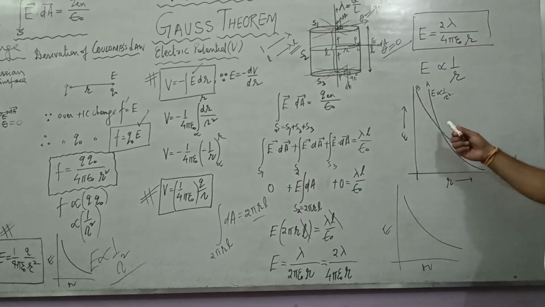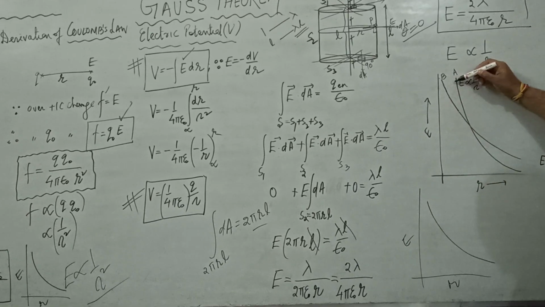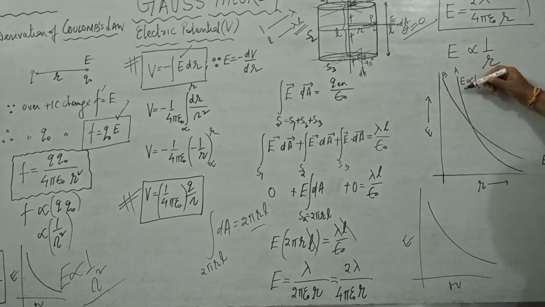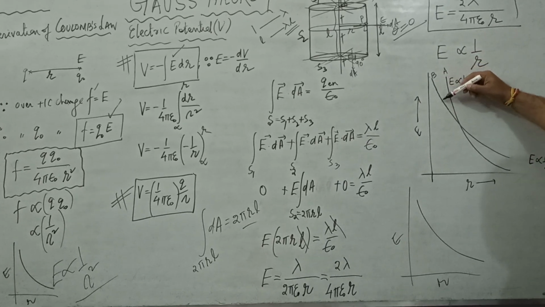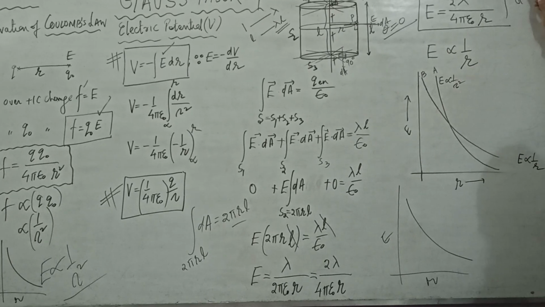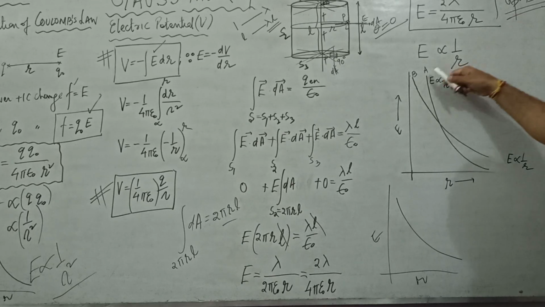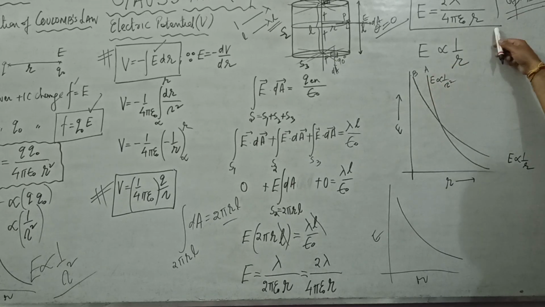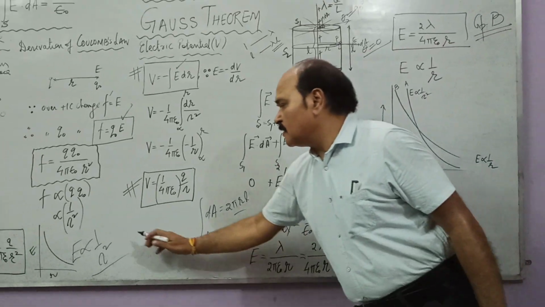The graph for a point charge is graph A, which is more steep, and the graph for a line charge is this rectangular hyperbola, which is less steep. So this variation is represented by graph B. Graph B is E due to a line charge, and graph A is E due to a point charge.